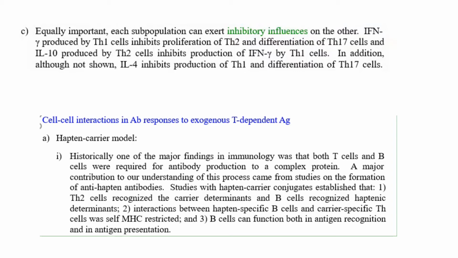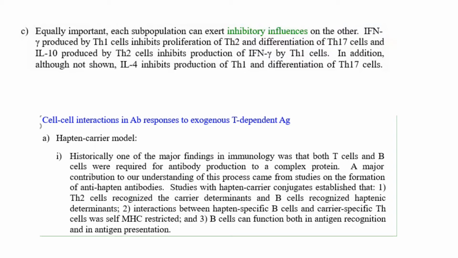A hapten carrier model. What is the hapten? You should refer to the previous lectures to learn more about this type of carrier model.